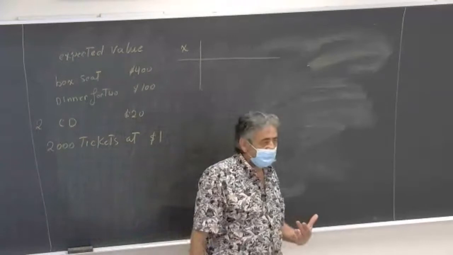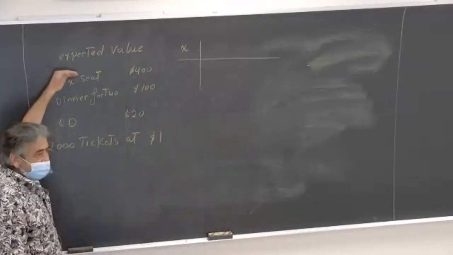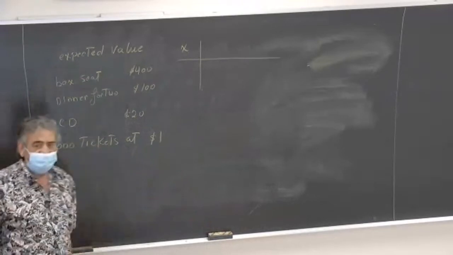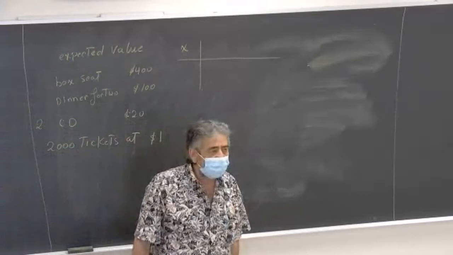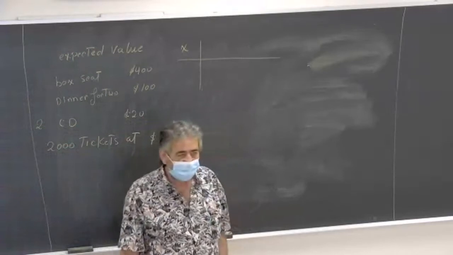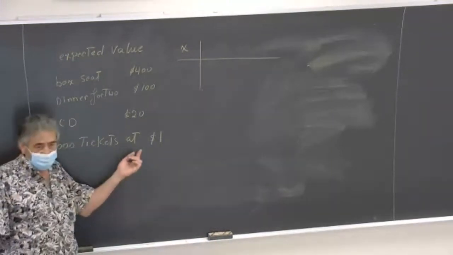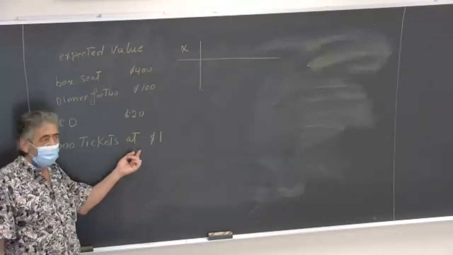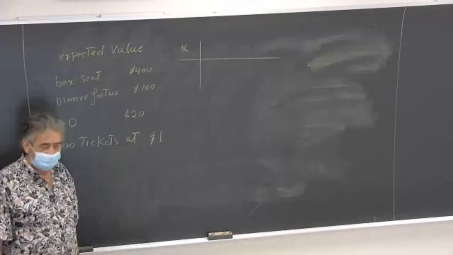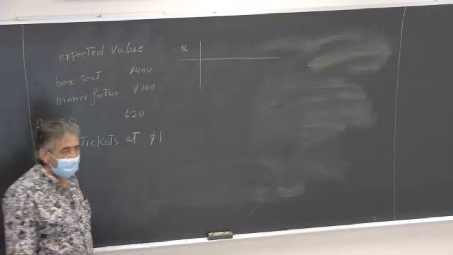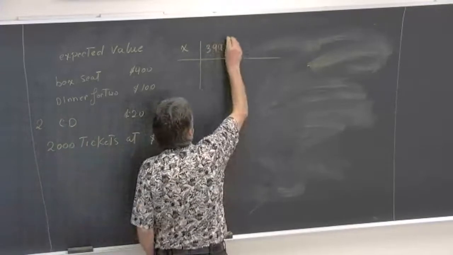You could win a box seat. In terms of money, how much would you win? Is it 400? Technically, you paid $1 for that one, so you didn't win 400, you won $399. That makes sense? So we have scenario number one.